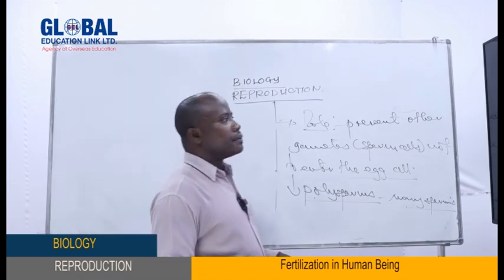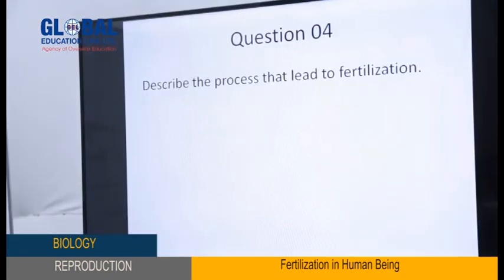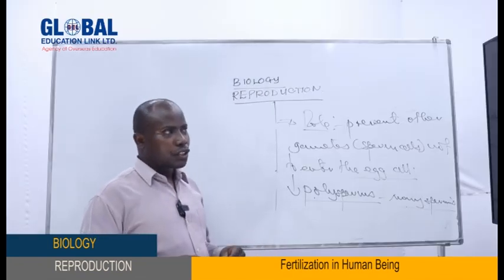This question reads, describe the process that leads to fertilization. It means the process of fertilization involves different processes, which you are required to describe.